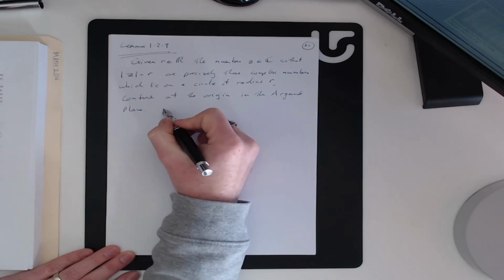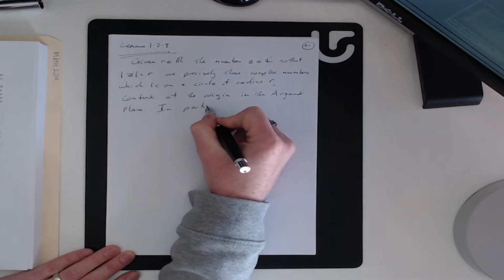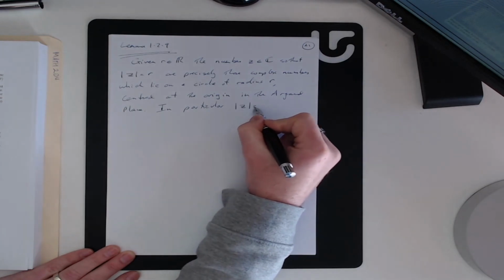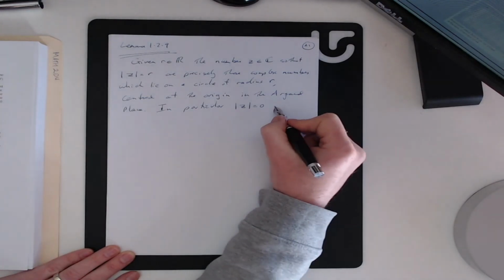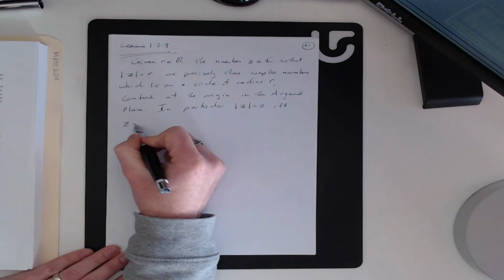Right. In particular, the modulus of the complex number is equal to 0 if and only if the complex number itself equals 0.